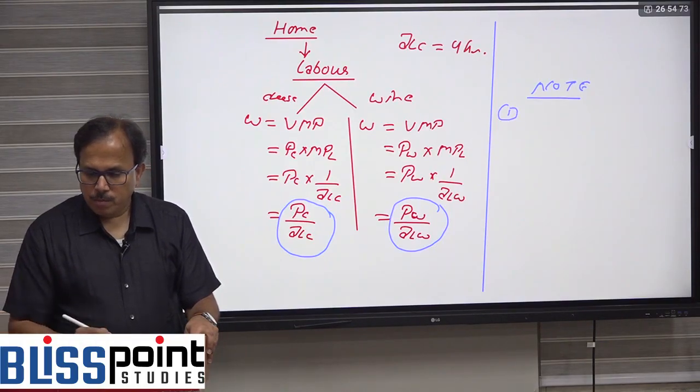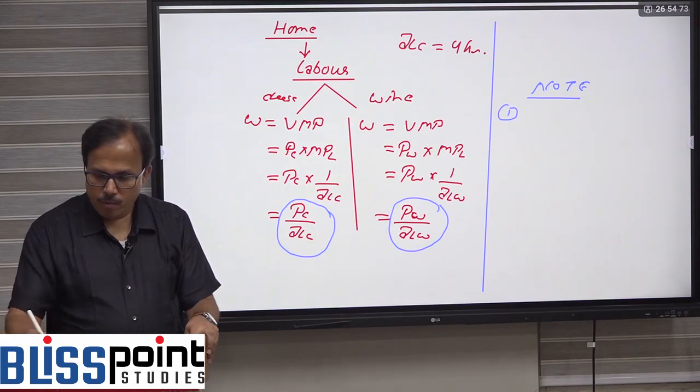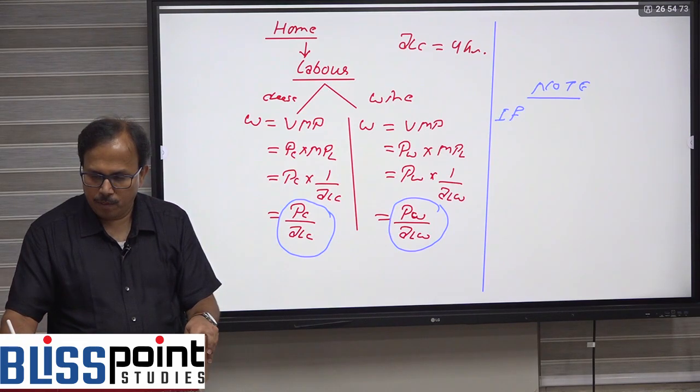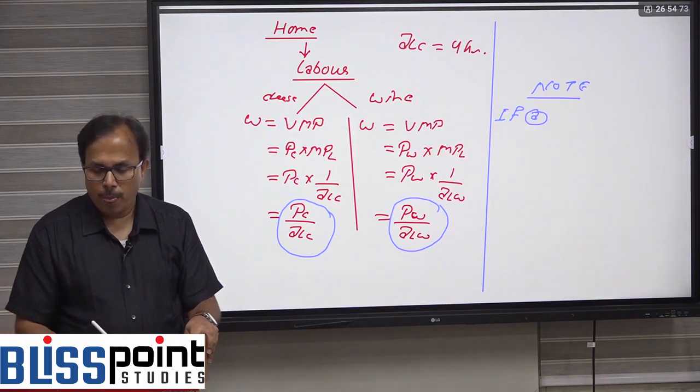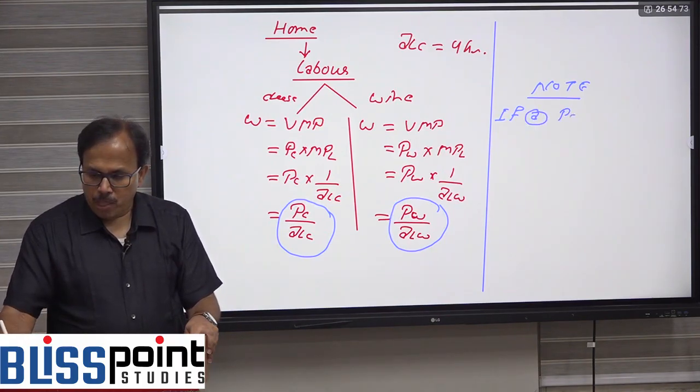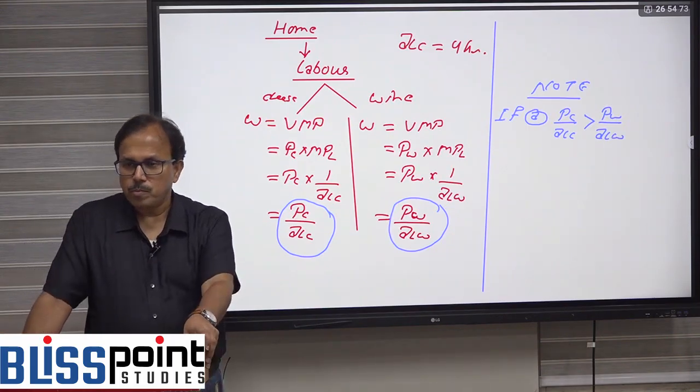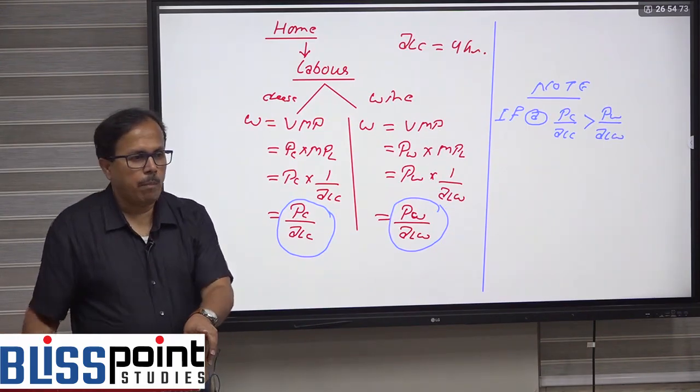First possibility, I'm not saying what the exact position will be, these are the possibilities. If number 1, PC upon ALC is greater than PW upon ALW, then what will happen?